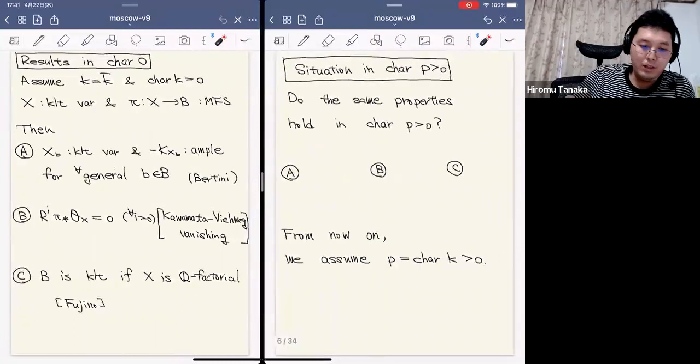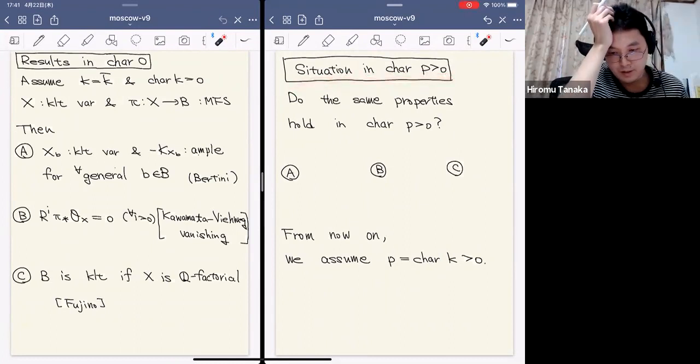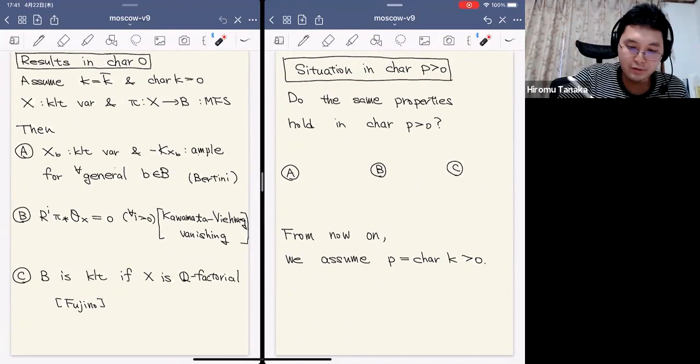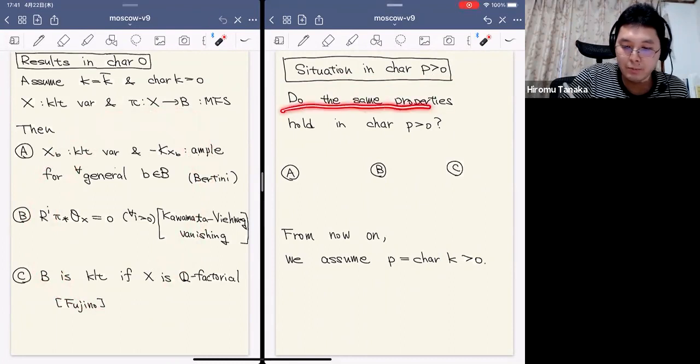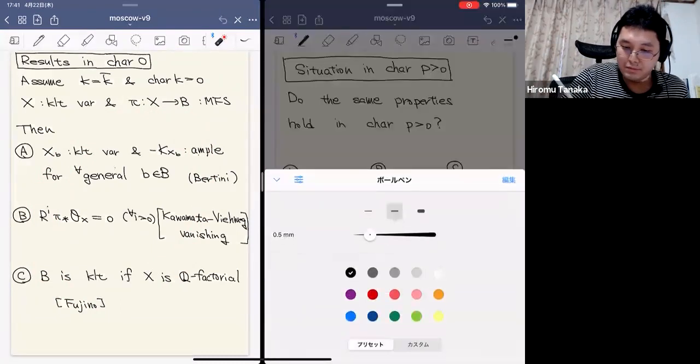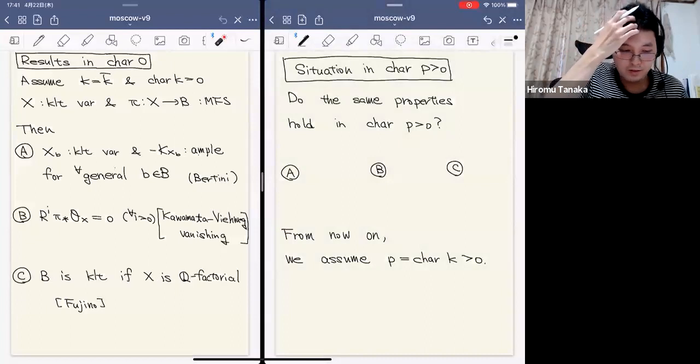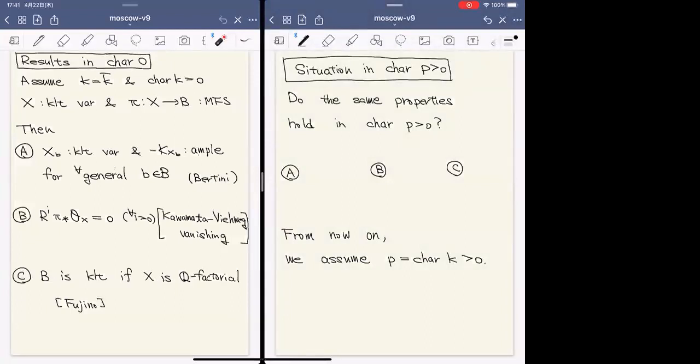Okay, so now I want to switch to the situation in positive characteristic. The first naive question is to ask whether these properties hold in positive characteristic. Do the same properties hold in characteristic p or not? First, what is the assumption on the field?